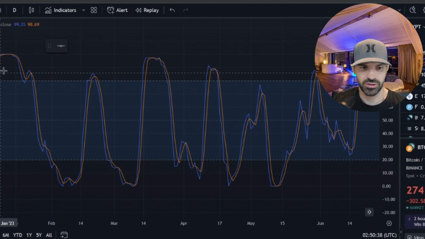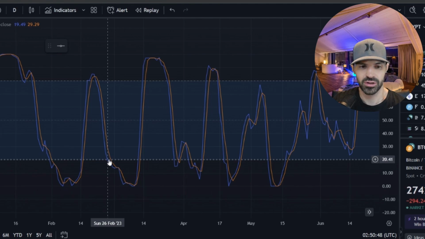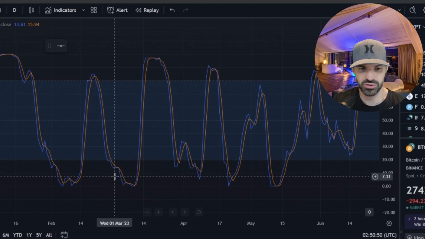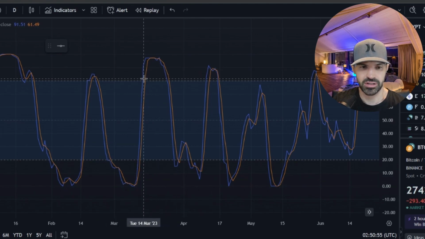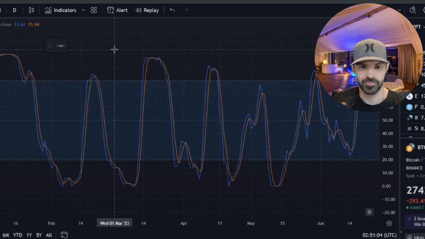Similar to the relative strength index, once the lines cross the 20 line, this signals that the security or the crypto is oversold. And again, if they cross the 80 line, this is a signal that the security or crypto is overbought.